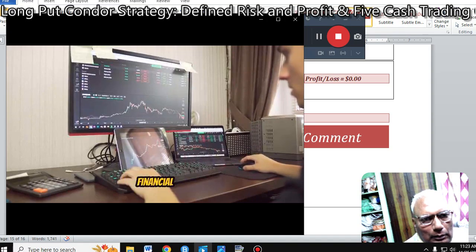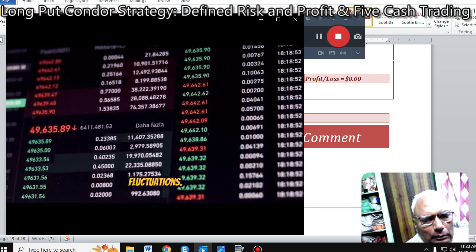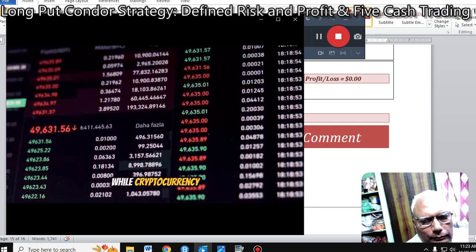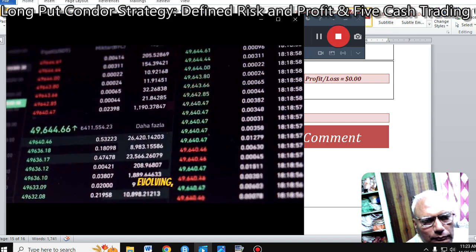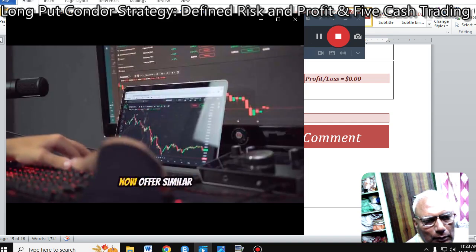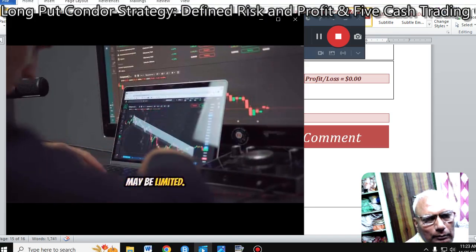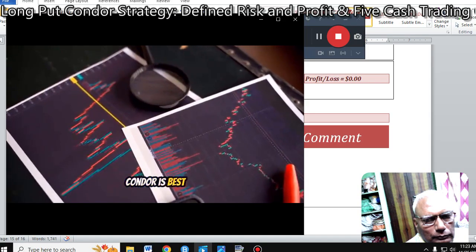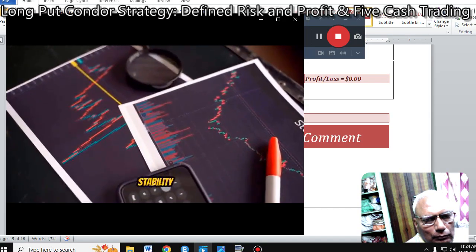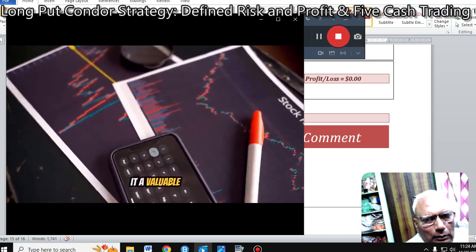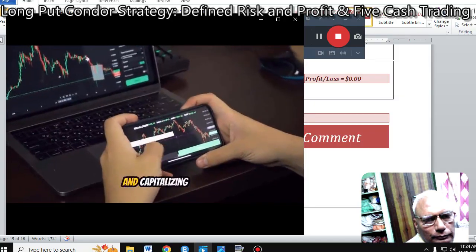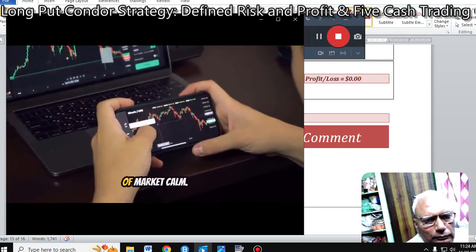In traditional financial markets, such as stocks, the Long Put Condor is widely used by traders who anticipate minimal fluctuations. While cryptocurrency options trading is still evolving, some platforms now offer similar strategies, though their availability may be limited. The Long Put Condor is best suited for environments where stability prevails, making it a valuable tool for managing risk and capitalizing on periods of market calm.